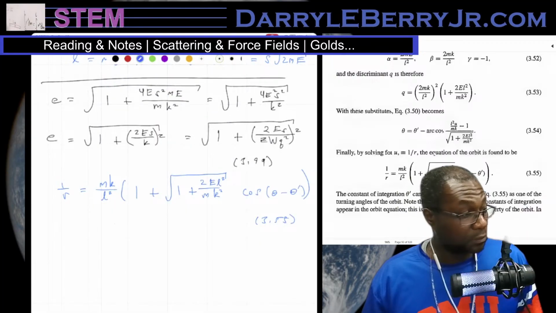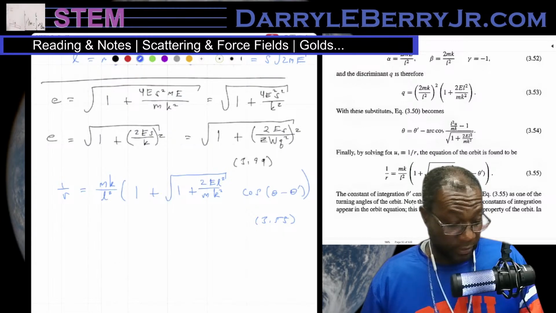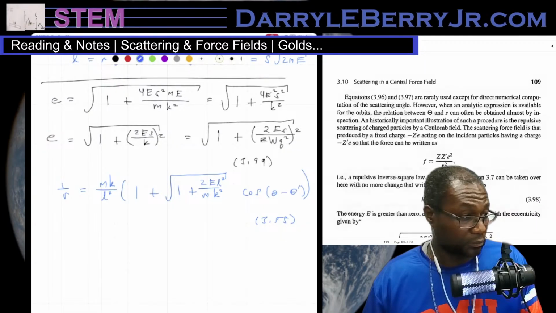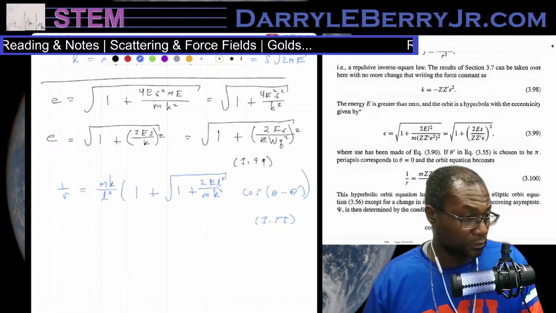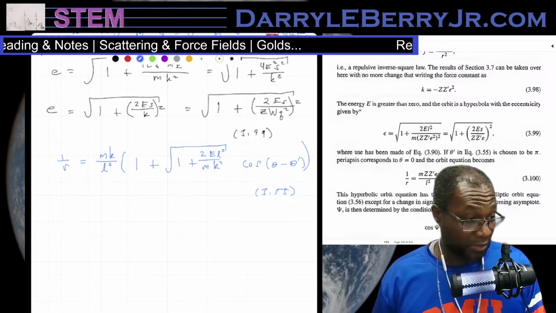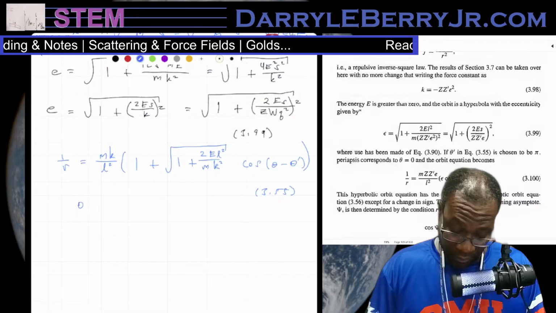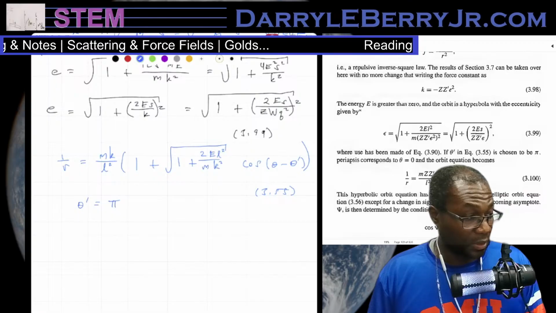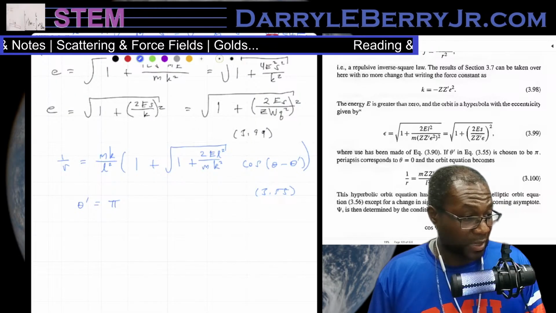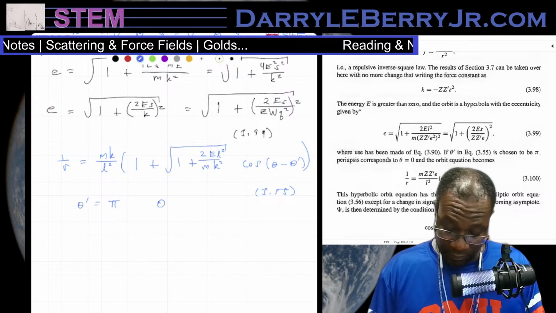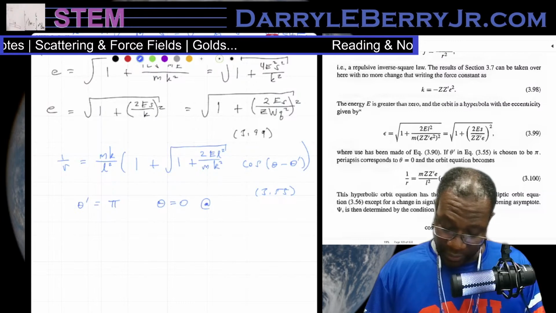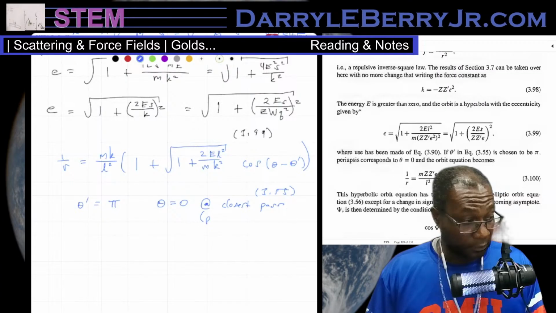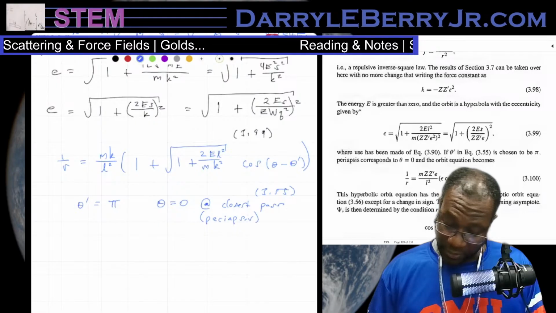So what they're saying is if theta prime is chosen to be pi, periapsis corresponds to theta equals 0 at closest pass, periapsis.